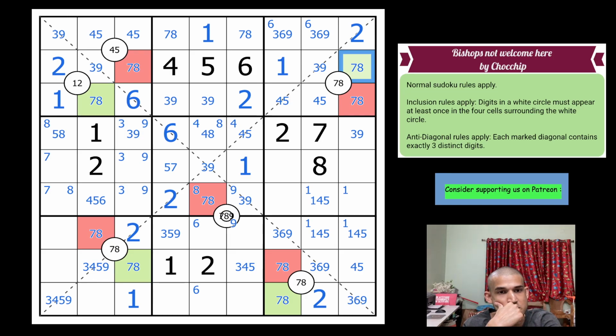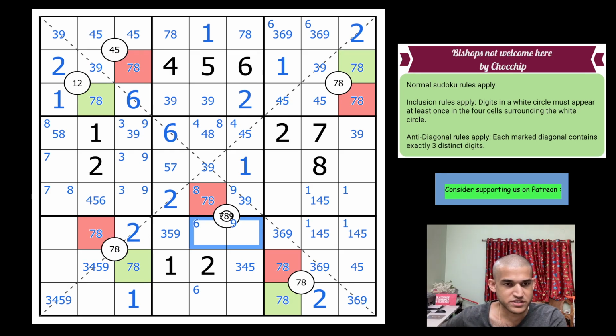So okay, one of these two cells is a green. Not really helping, right? What is the thing I'm missing?